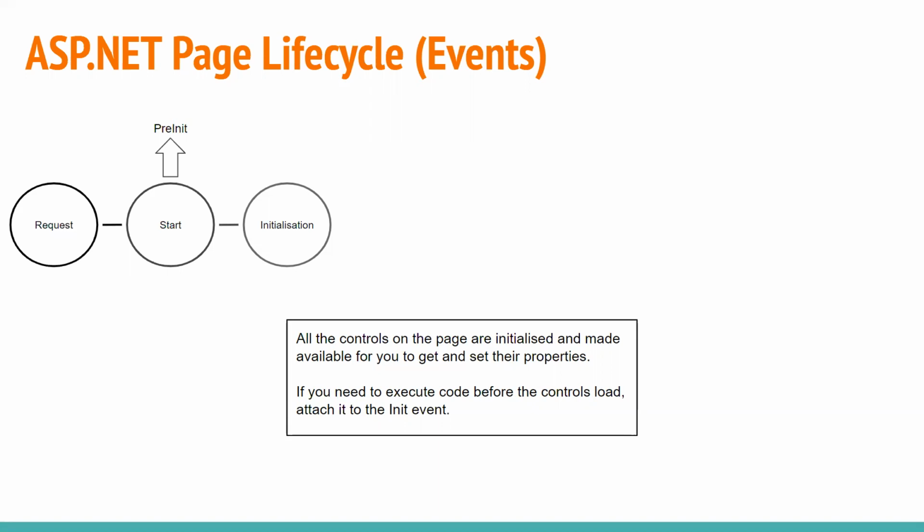When you create an object of type rectangle, for example, you say rectangle rect1 equals new rectangle. When you create an object of type person, you say person1 equals new person. It's the same for all of these other things. When you create a button on the server, you have to initialize it. You have to say button myButton equals new button, for example. So the initialization stage is where all of the controls on the page are initialized.